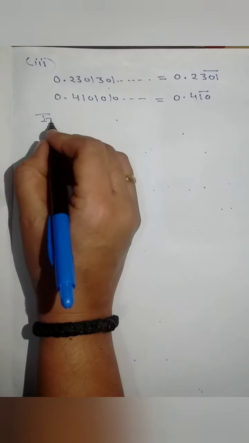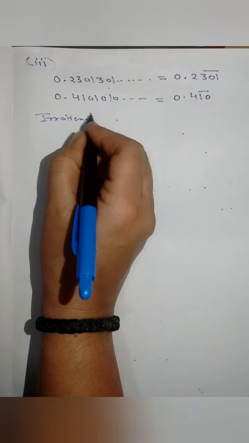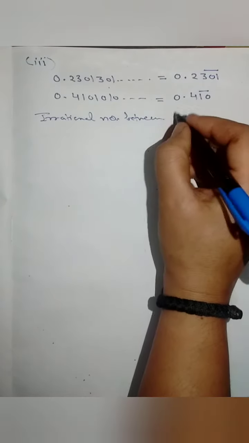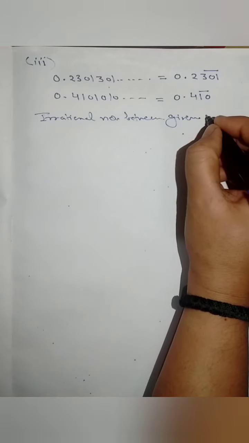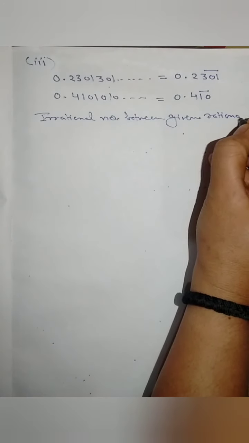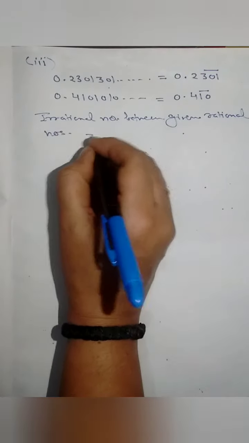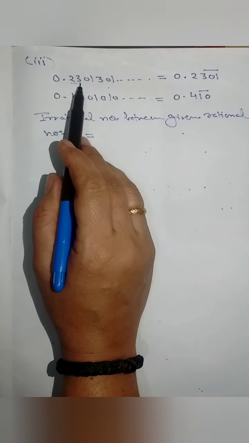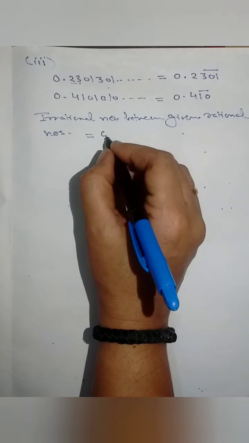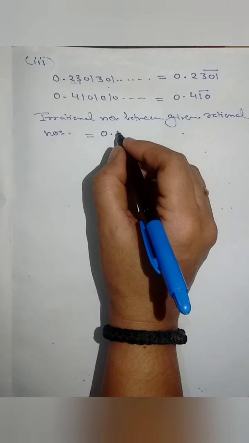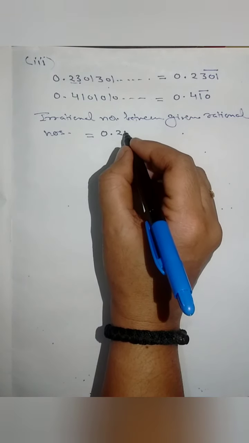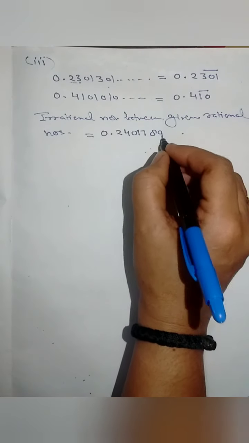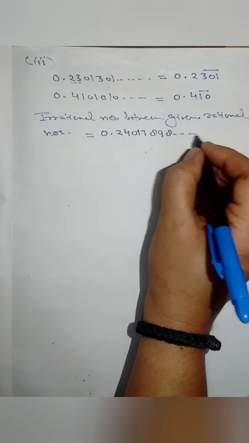So an irrational number between the given rational numbers, again in the same way as in the previous example, starting from 0.23, there can be infinitely many irrational numbers between them. We can write 0.24017898 and so on.